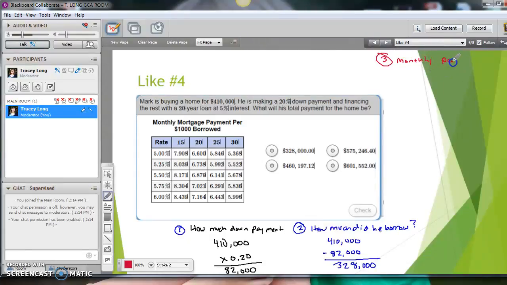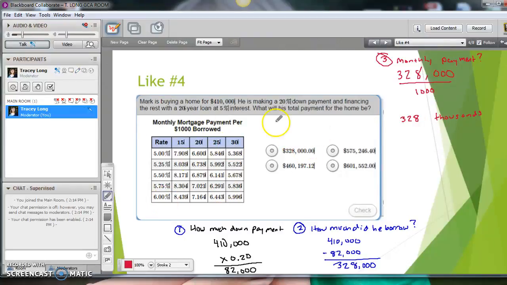I'm going to take that $328,000, which was how much he borrowed, and turn that into how many thousands he borrowed. So I'm going to divide that by 1,000, which is the same as moving the decimal 3 places. So I find he borrowed 328 thousands, because when I go to look at the table, it's by thousands.